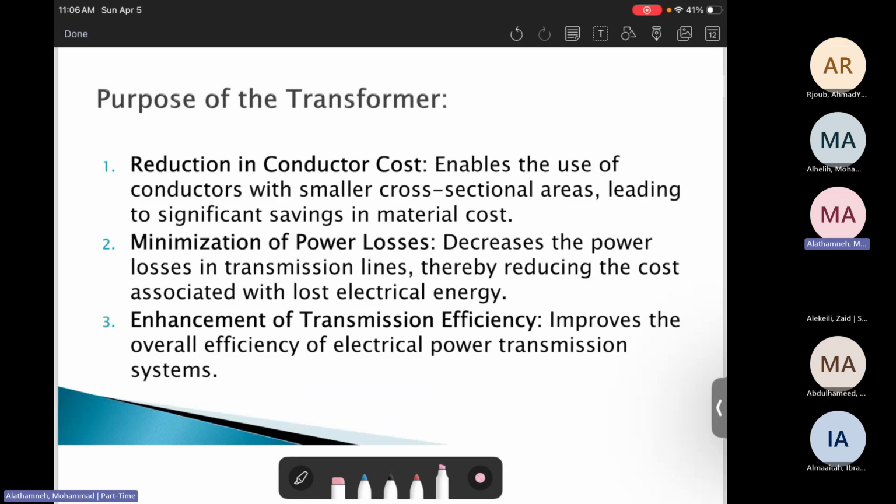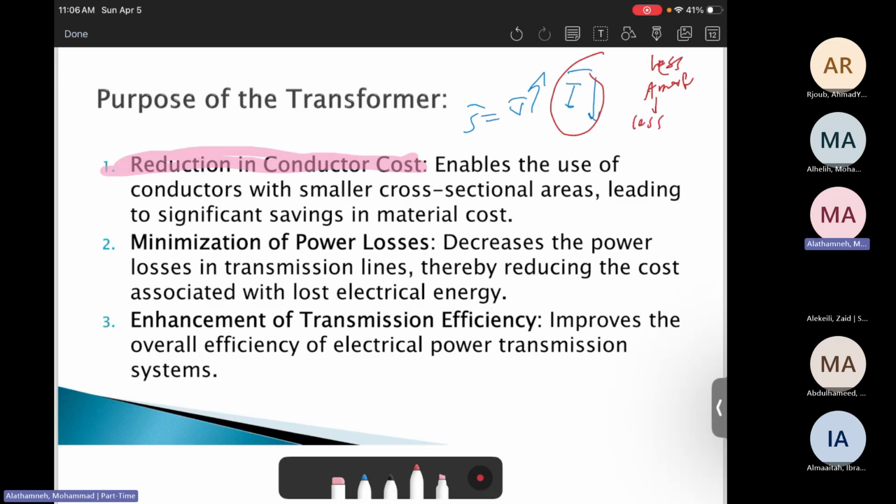Purpose of the transformer. What's the point of using the transformer? As we know, the first thing is to reduce the conductor cost, because when we step up for the same amount of power, the voltage will be high, the current will be low, then less amps. What does it mean?